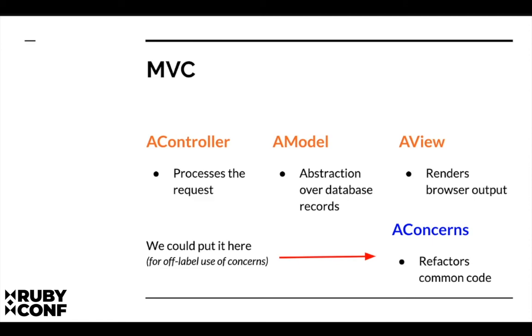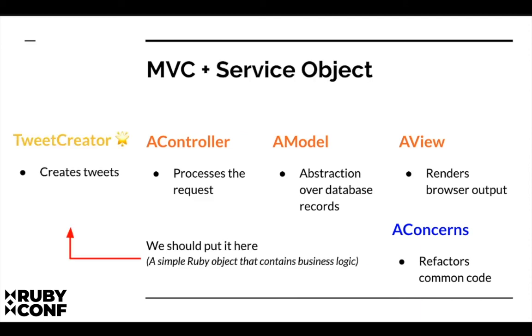of a concern. I would argue that the best place to do it would be to put it in a service object. A service object named TweetCreator, whose only purpose is to create a tweet. And that's it. That's the only job of this service object.